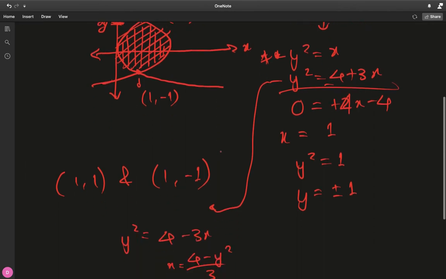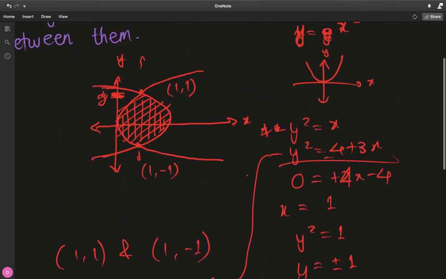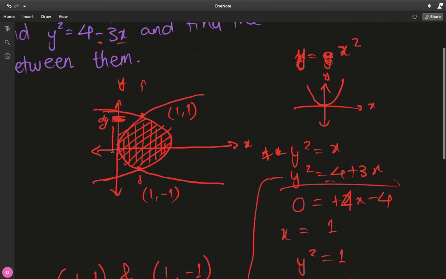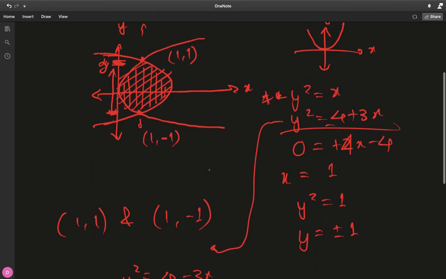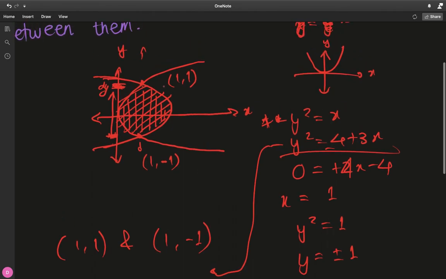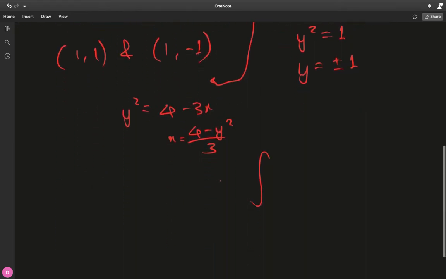The way we're integrating, we're going this way, rather, because negative y is here. And we need to subtract: this outer curve minus inner curve will give the area enclosed. The outer curve is y squared equal to 4 minus 3x, which we solved by making x the subject.